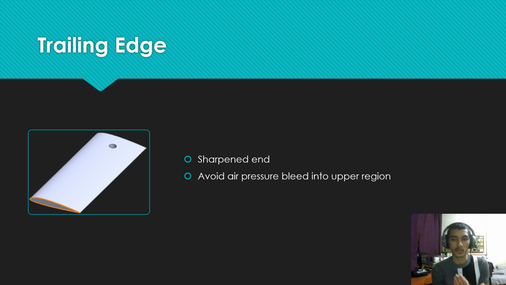Since we designed it to be a sharp edge, we can avoid that predicament by making the air have a hard time going around the sharp edge. Hence, we can say that the design choices we made would result in a wing that generates optimal lifting force with minimum drag force.